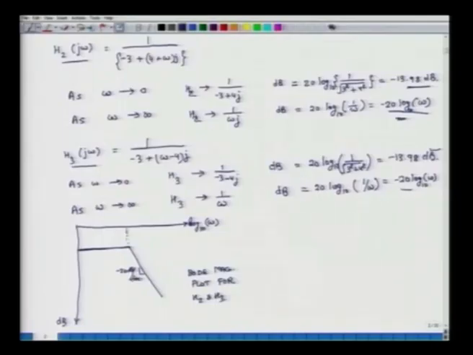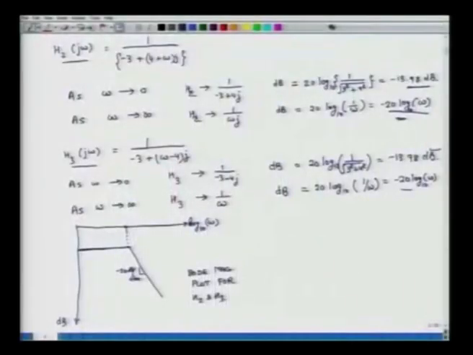The crossover point corresponds to this point, and this number is such that when omega equals 0.2, the low frequency asymptote and the high frequency asymptote meet, and after the crossover point, the high frequency asymptote becomes more important.